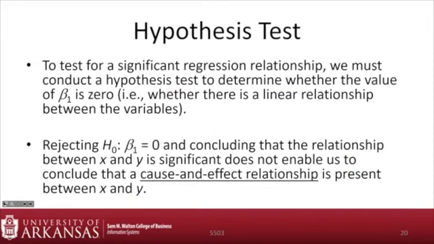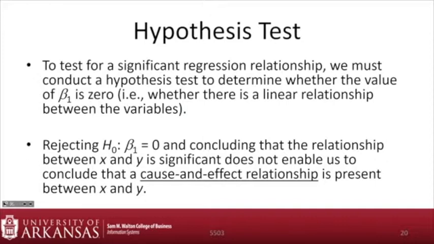Excellent. So now a hypothesis test. Our big question is, is there a linear relationship? Well, if there's no linear relationship, then what do we know about the slope? Is there a slope? It's 0, right? So if there's no linear relationship, my slope's 0. And if I have a linear relationship, then I start to have either a positive or a negative slope.